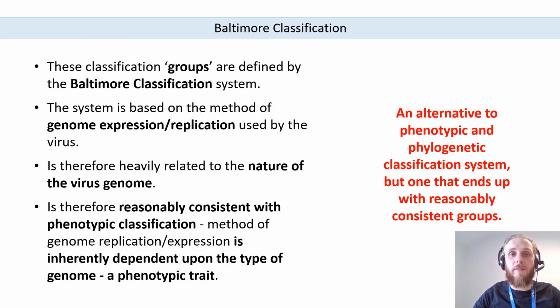So the way viruses express their genetic information into protein, and obviously this is quite closely linked to certain features of phenotypic classification, and it's also quite closely linked to phylogenetic classification, because viruses that have a close evolutionary history tend to also express their genome in a similar way. So we're seeing consistencies across the three, which is absolutely fine and it's absolutely expected, but it's just something we want to be aware of.